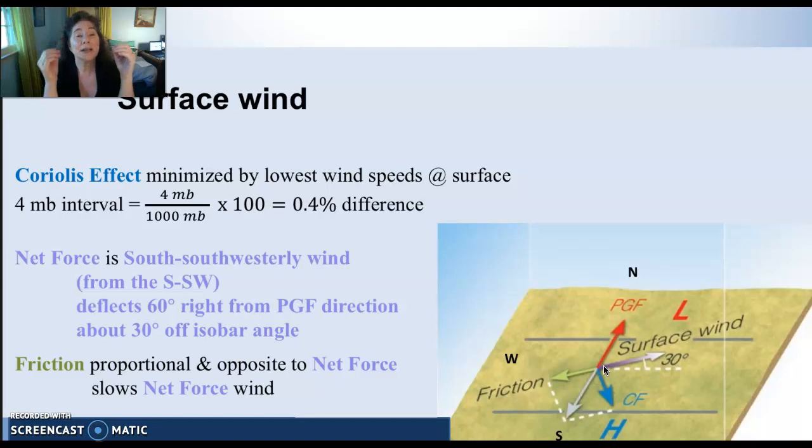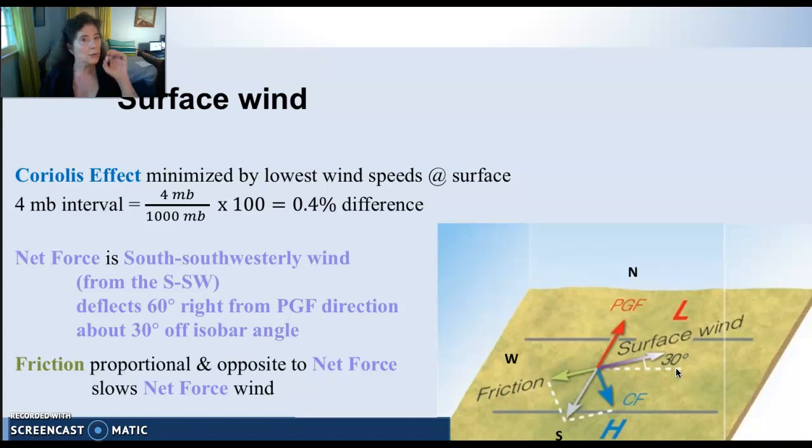You might hear it discussed as about 30 degrees off of the parallel to the isobars. So here's the isobar, and here's another isobar. And if you were looking at an isobar in the middle, you would be about a 30-degree angle off the isobars here when you are at the surface.